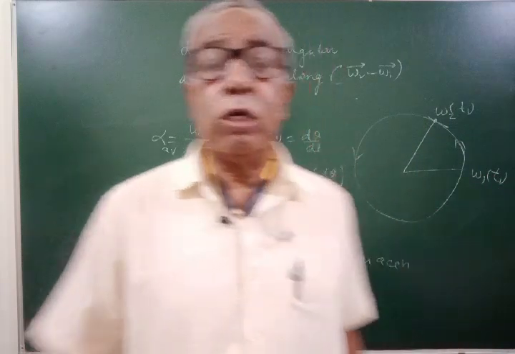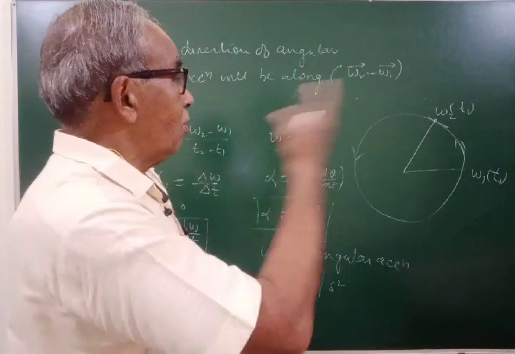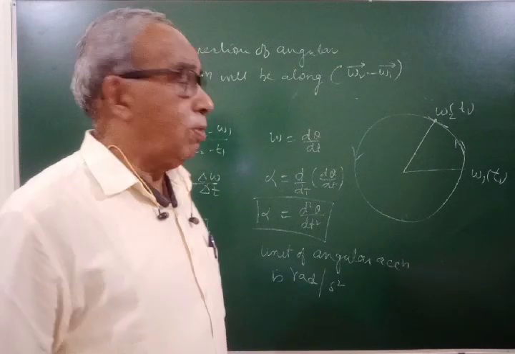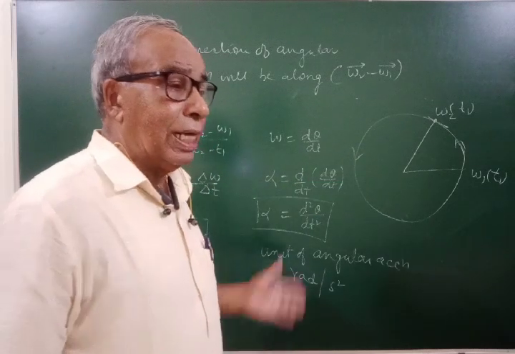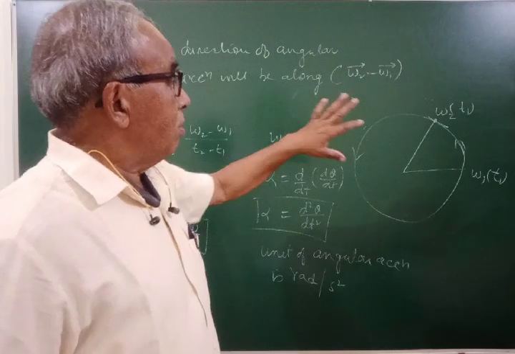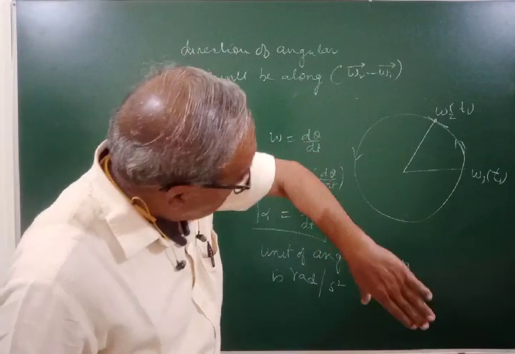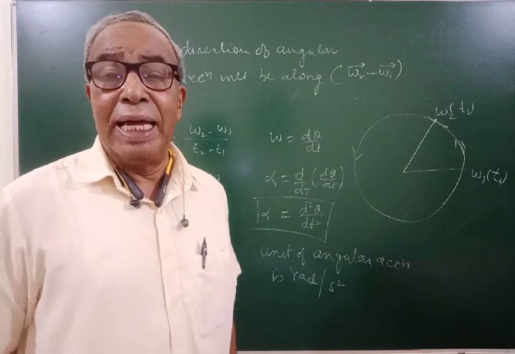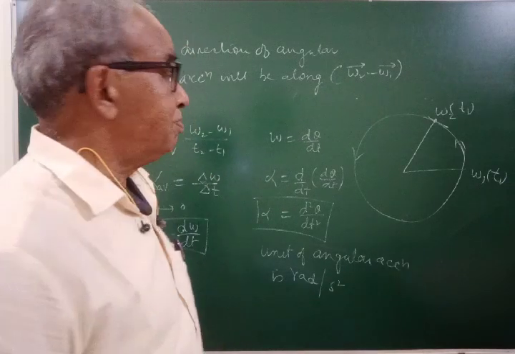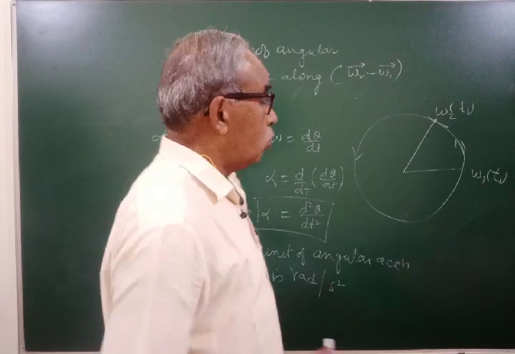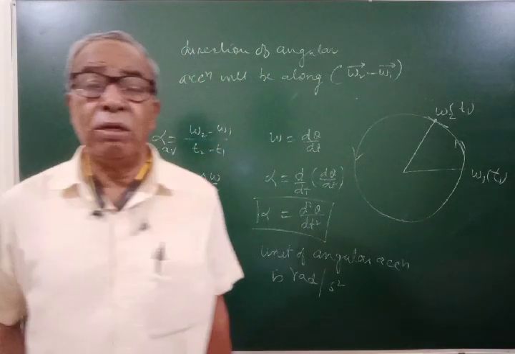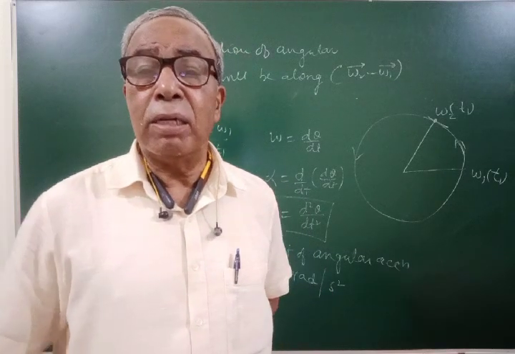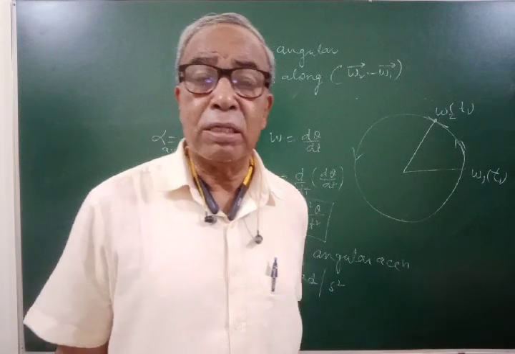If a body is moving anti-clockwise with increasing angular velocity, the direction of angular acceleration will be normal to the plane of the circle and outward. If anti-clockwise but with decreasing velocity, then angular acceleration will be normal to the plane of the circle and into it. Angular velocity and angular acceleration are in fact axial vectors.